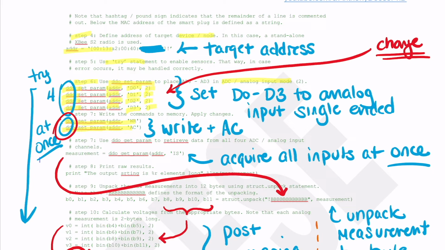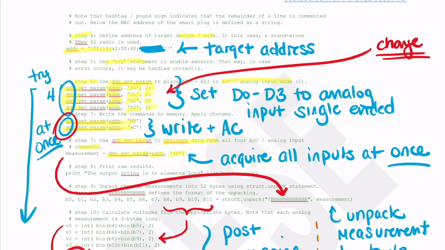Okay, next step. We want to use the DDO get param command to retrieve data from all 4 of the analog input channels. And so we don't need 4 commands in order to do that. Fortunately, we can just use DDO get param, appropriate address, and then IS.